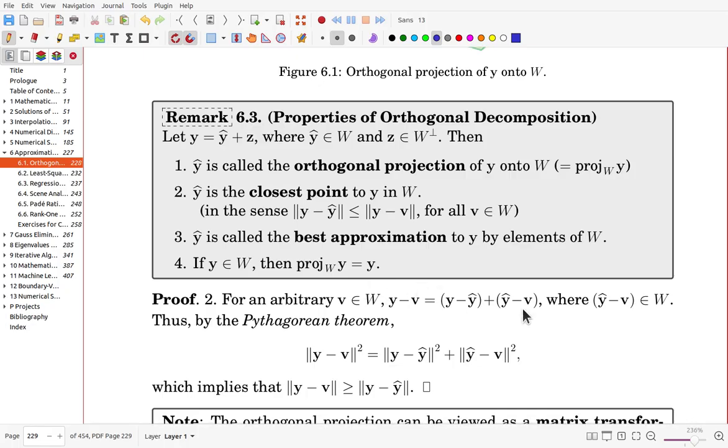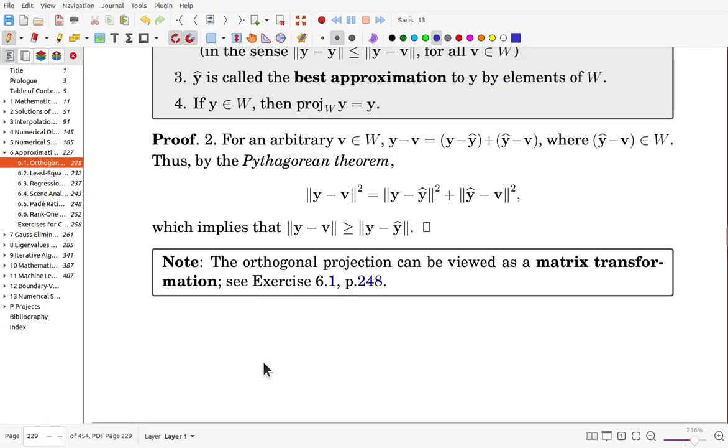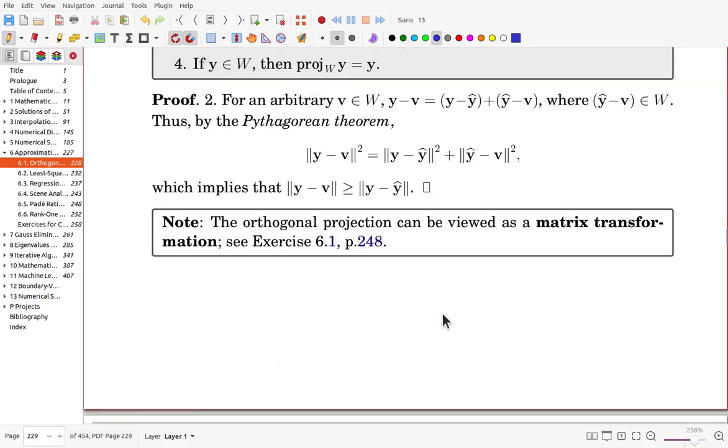So if you apply projection twice, it's the same as one application. Here we have a proof for this. The orthogonal projection can be viewed as a matrix transformation. This means that the orthogonal projection can be expressed by a matrix multiplication. That is an exercise for you.